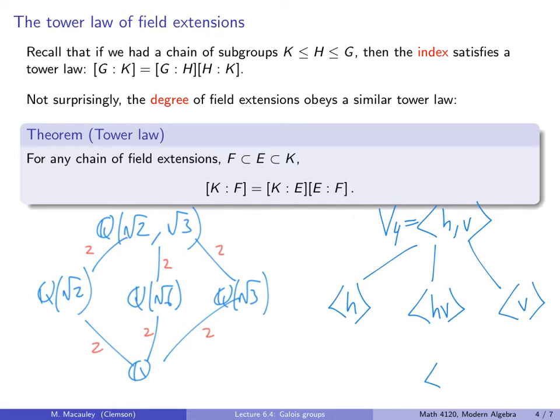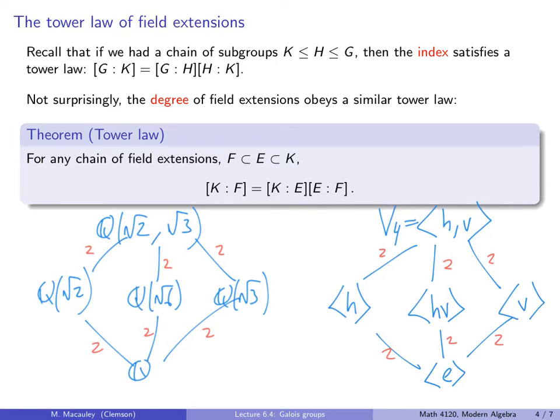These are all contained in the trivial subgroup, of course. And these subgroups all have index 2 in the subgroup directly above them. Now we've observed that these lattices are going to be identical, if we turn one of them upside down, although in this case that doesn't matter because there is symmetry on the top and bottom.